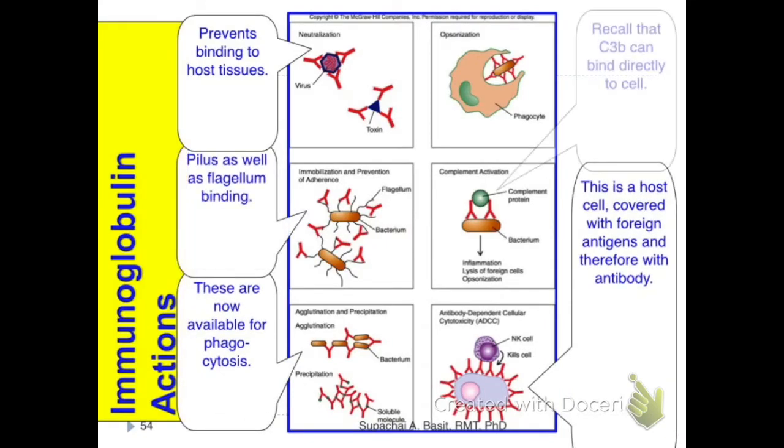So these are some of the functions of immunoglobulins. Immunoglobulins could neutralize viruses and toxins. That's why, has any one of you experienced having deep wound or very severe wound?